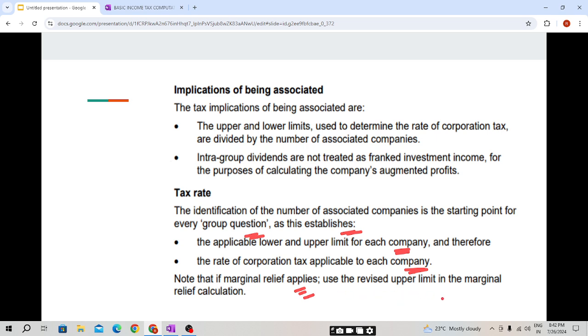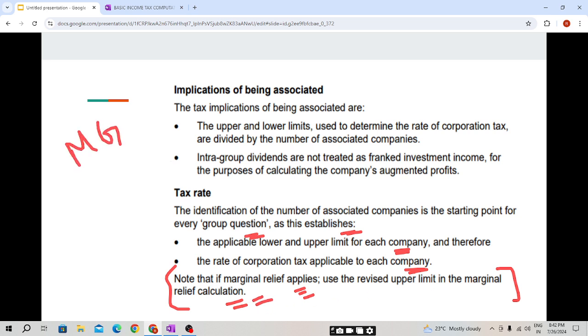Note that if marginal relief applies, use the revised upper limit in the marginal relief calculation. So this is an important point, students. Let's take an example where the upper limit has been reduced and marginal relief applies. Use the revised upper limit in the marginal relief calculation.